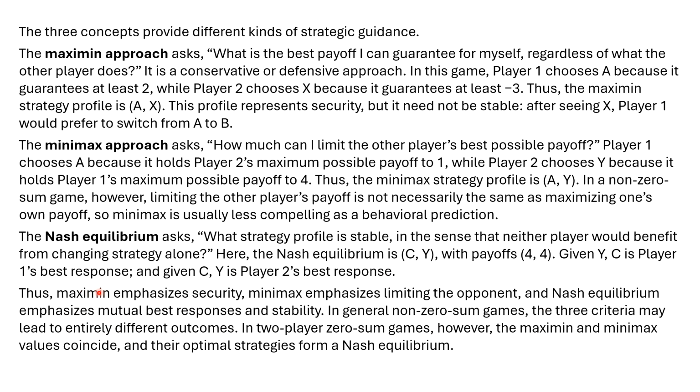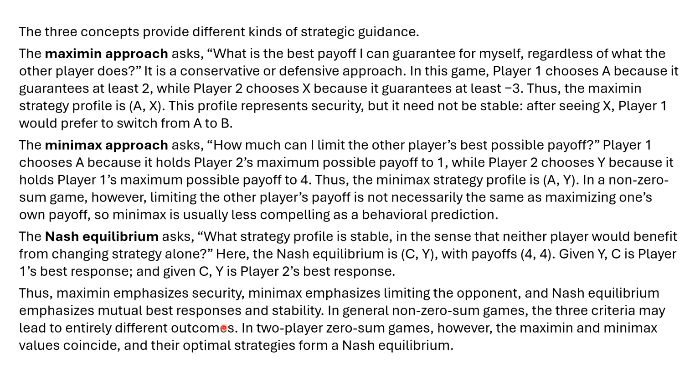Thus, maximin emphasizes security. Minimax emphasizes limiting the opponent. And Nash equilibrium emphasizes mutual best responses and stability. In general, in non-zero sum games, the three criteria may lead to entirely different outcomes.